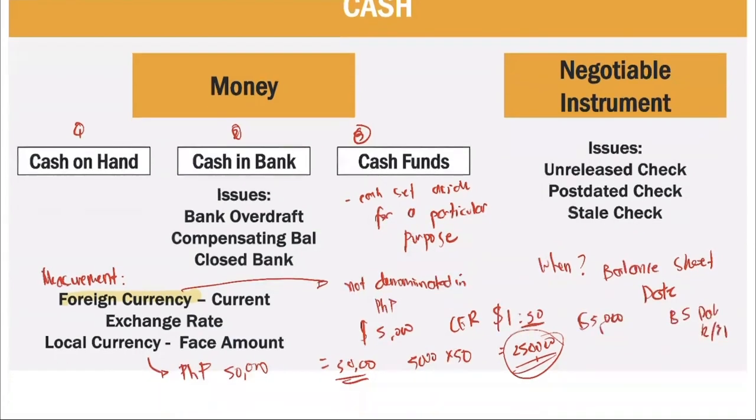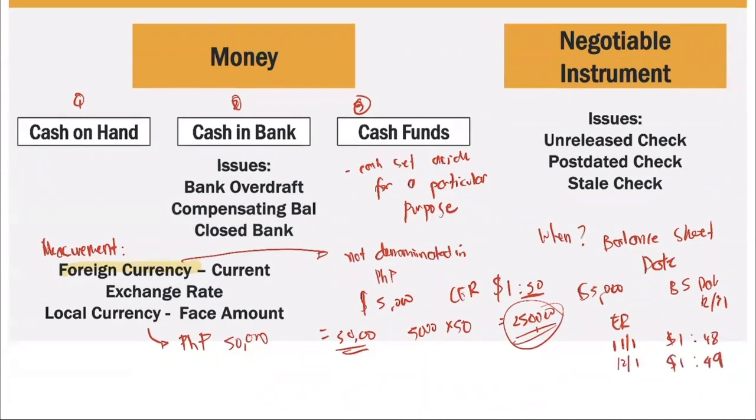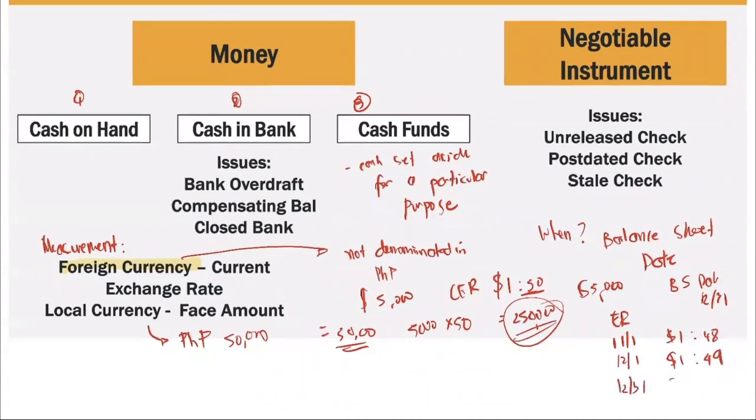So, the following exchange rates are given. November 1, $1 is to 48. December 1, $1 is to 49. And then December 31, $1 is to 51.